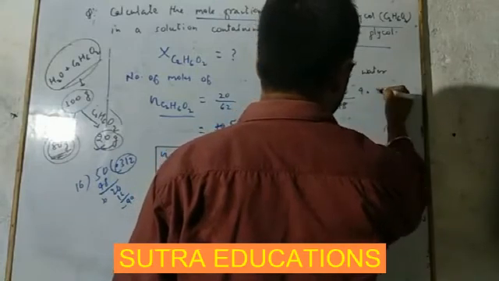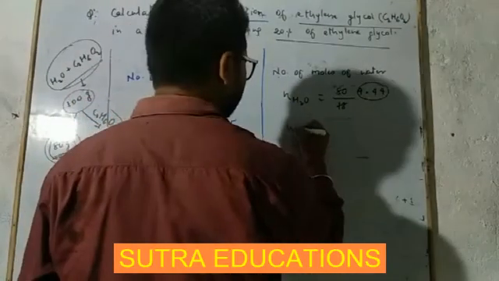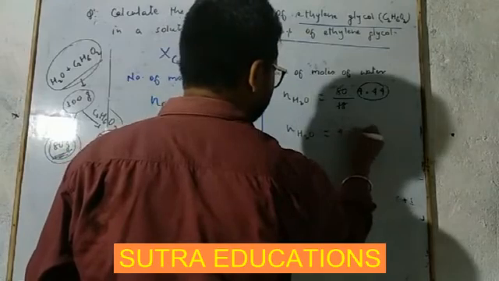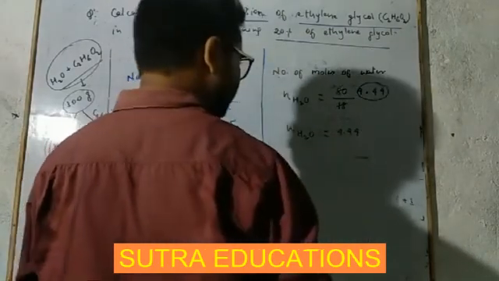So it will be 4.44. So we will say N H2O, number of mole of H2O, is equal to 4.444.